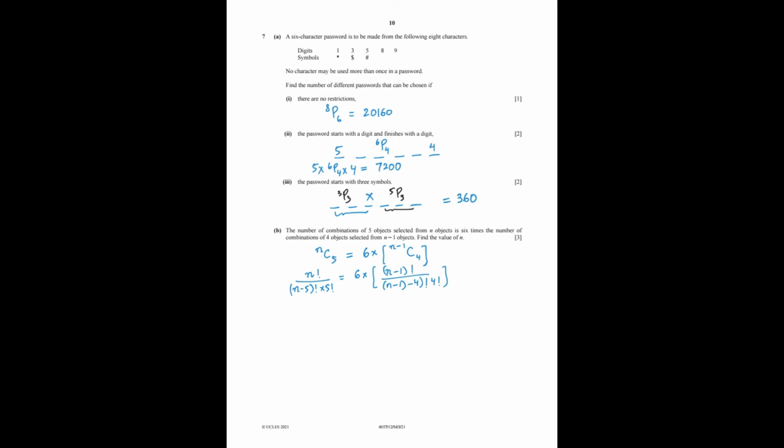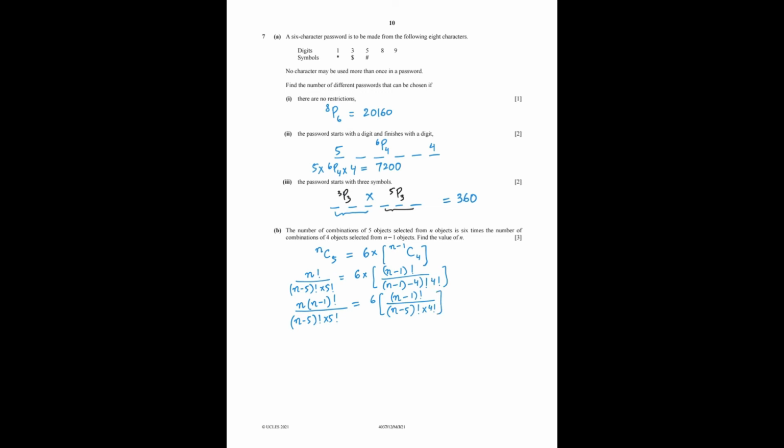Alright, we have applied the working formula and we need to simplify it. So n factorial can be written as n into n minus 1 factorial, divided by n minus 5 factorial into 5 factorial, equals 6 times n minus 1 factorial divided by n minus 1 minus 4, which leads to n minus 5 factorial, into 4 factorial.